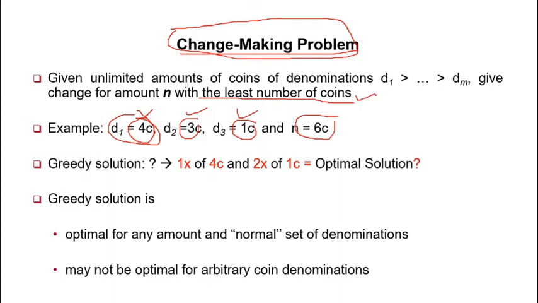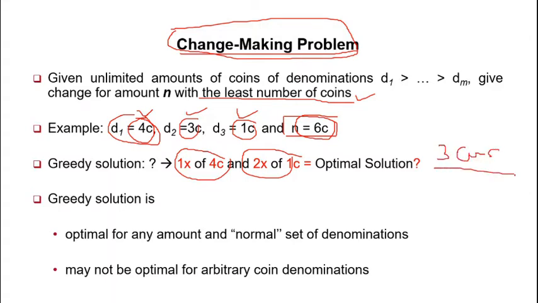Look at this problem given to us, 6 cent. When we apply the greedy design strategy, we obtain 1 coin for the 4 cent, 2 coins for the 1 cent. So altogether 3 coins.